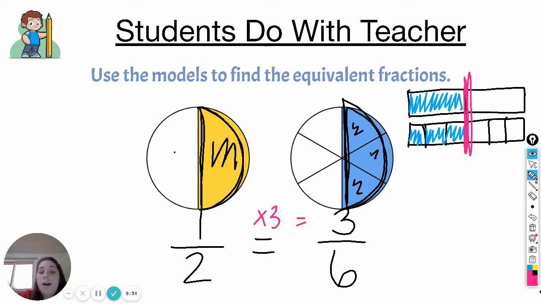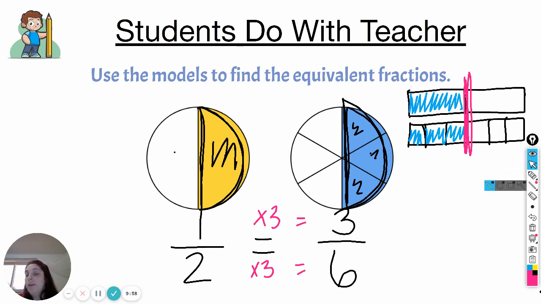Our 2 on the bottom times 3 equals 6. So if we multiply both numbers by the same thing, if we multiply both numbers by 3, we end up getting 3/6, and they are the same. Nothing that we're going to do right now, but just a little trick to be thinking about.